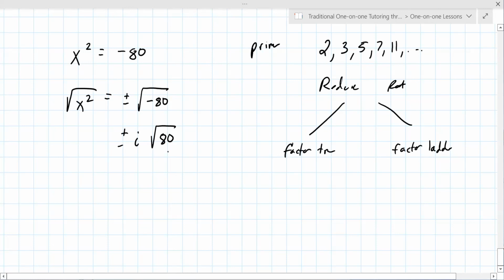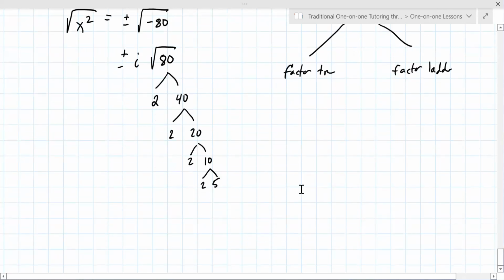Now, does 2 go into 80? Yes. And it's 2 times 40 gets you back to 80. And then you try 2 again. Let me try again. 2 and 20. Great. And you try it again. And you just keep trying it until it doesn't work anymore. All right. Now, you're done because it's a prime number on the leaf here. These are also prime numbers, but that's how you know when you're done.